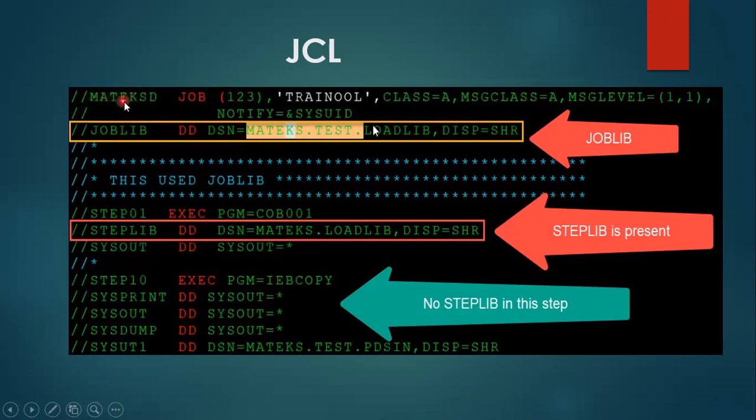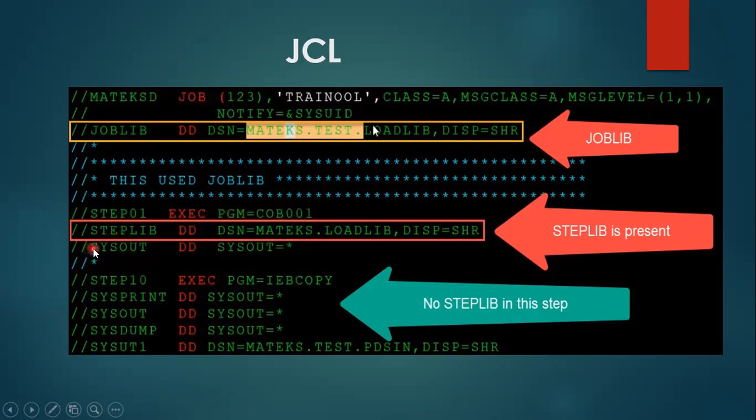This is a job code. These first two lines are the job code. The job code in a JCL is mandatory in order to execute your program. Then we write step 1, exec PGM equal to my program name.